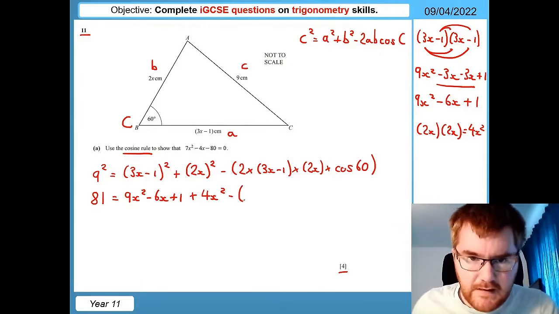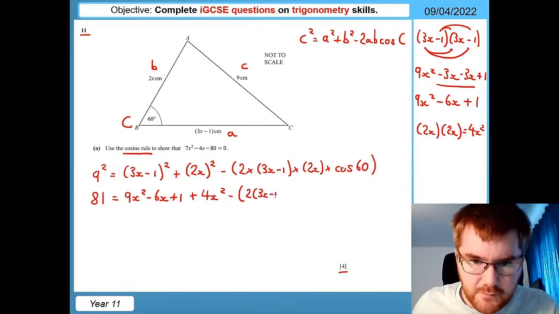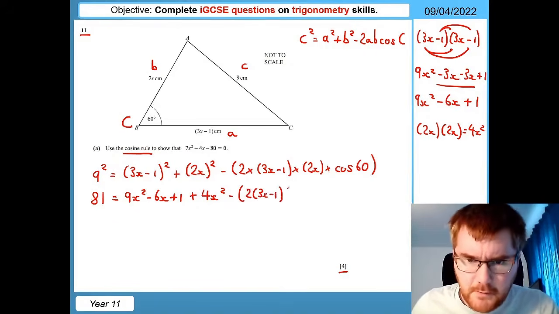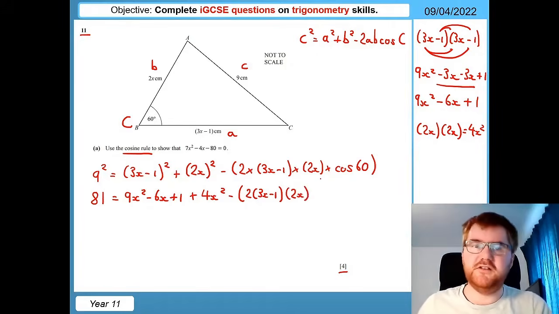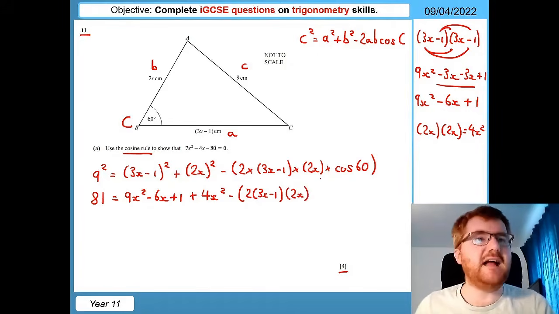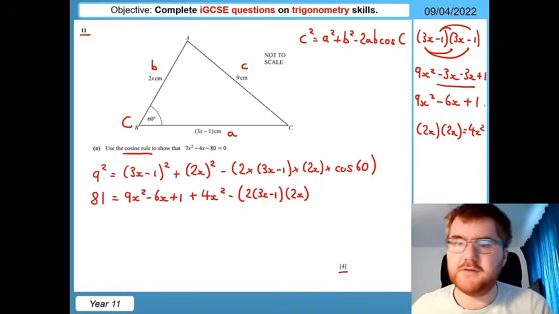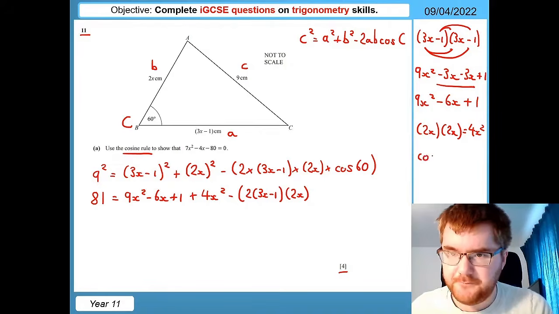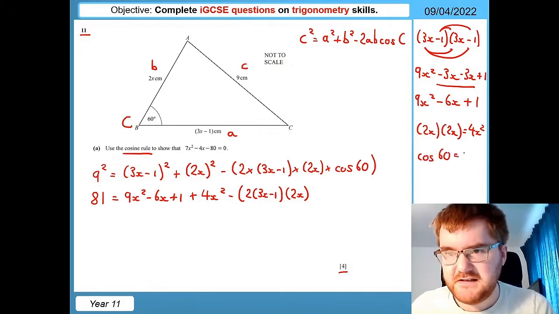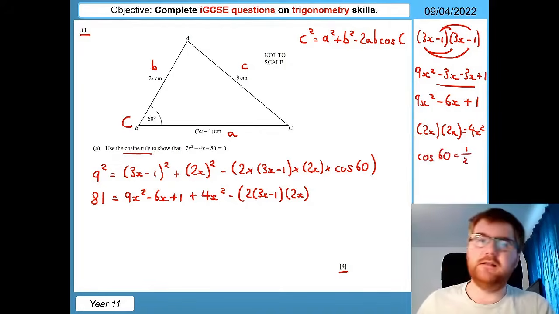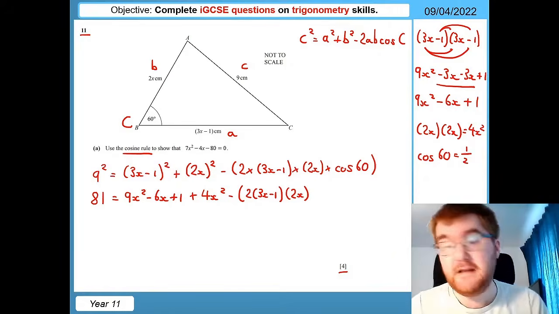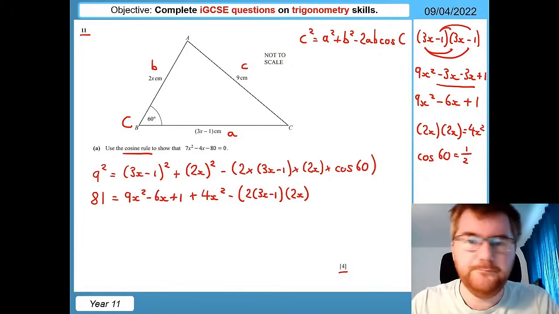So here we've got 2 lots of 3x minus 1 multiplied by 2x multiplied by the cosine of 60. Now this is one of these exact values that you should know off by heart. Of course you can always use your calculator to check this as well, but the cosine of 60 is equal to a half. Now on a calculator paper this is obviously not that important. Let me just quickly show you.